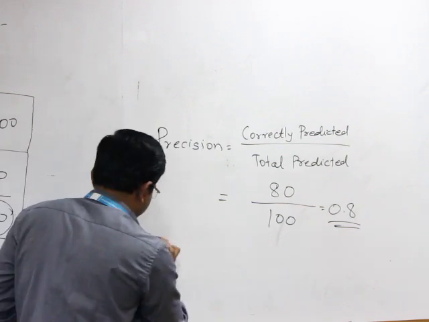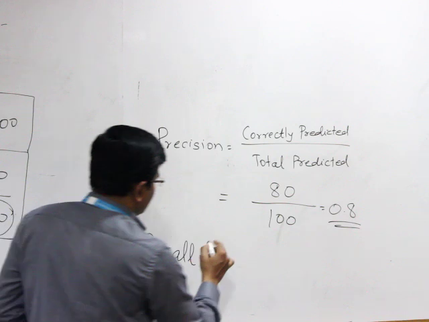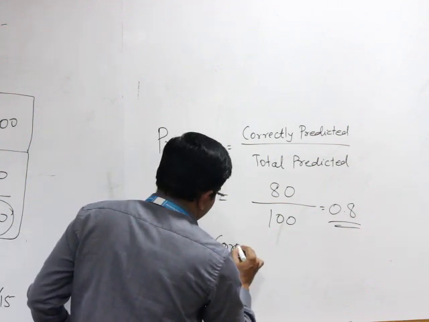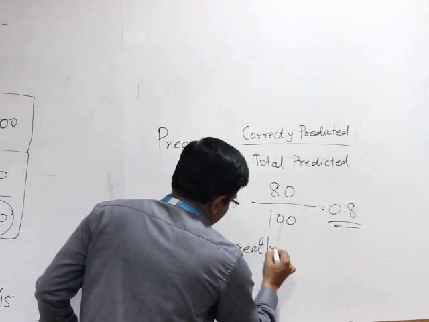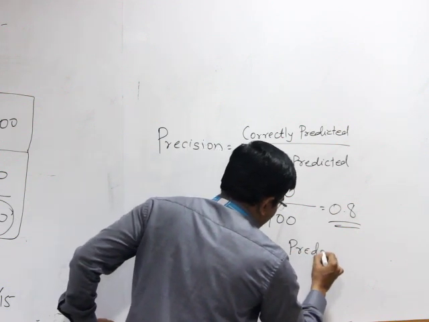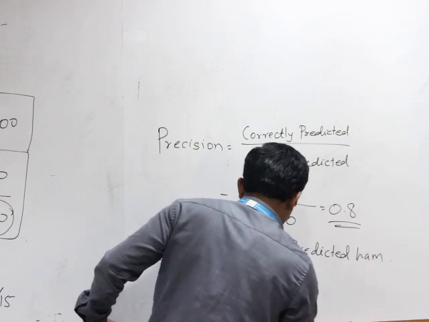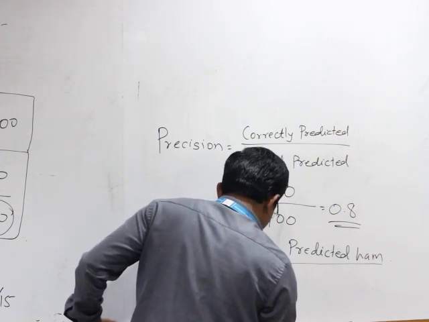Then recall. Recall is correctly predicted ham over total actual ham.